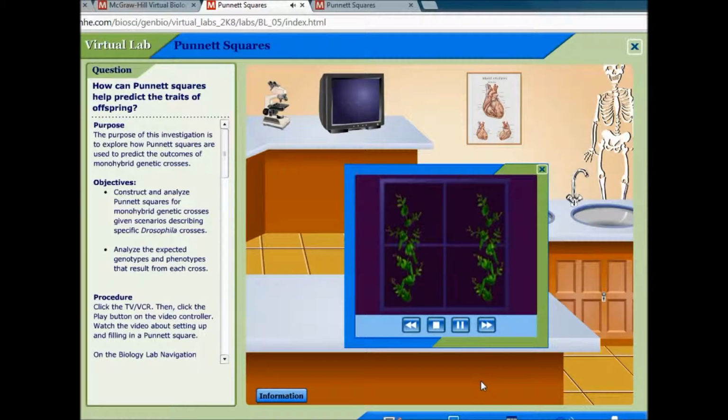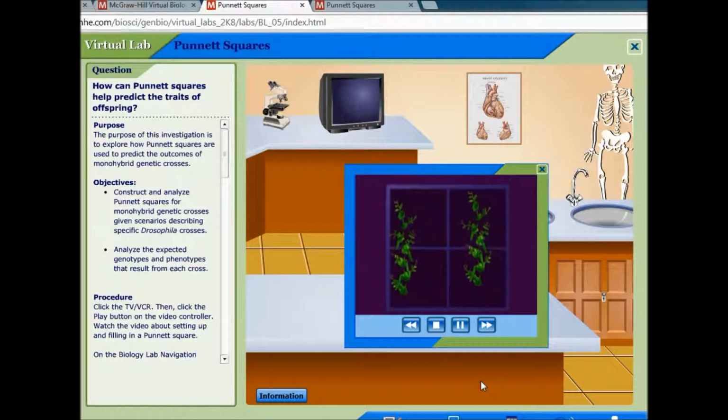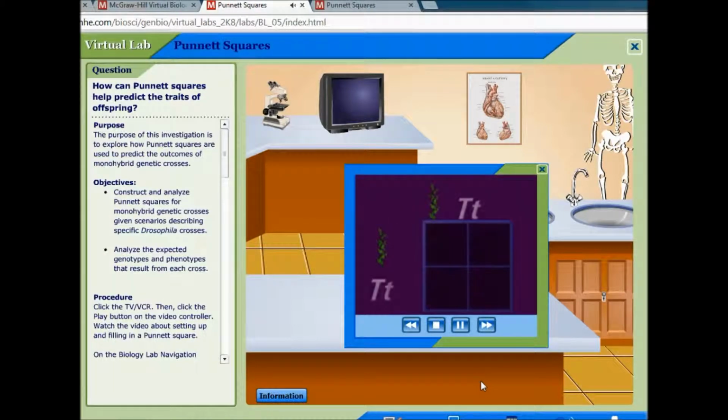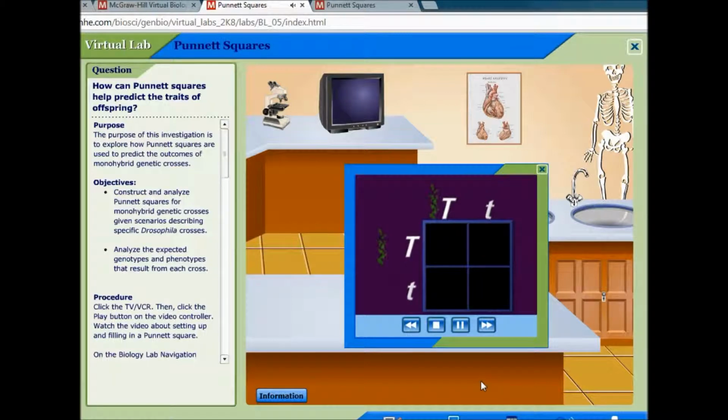This Punnett square predicts the results of a cross between two heterozygous tall pea plants. Each gamete carries only one of the two alleles that controls height in pea plants. The alleles from one parent are written over the top boxes of the Punnett square, and the alleles of the other parent are written to the left of the square.